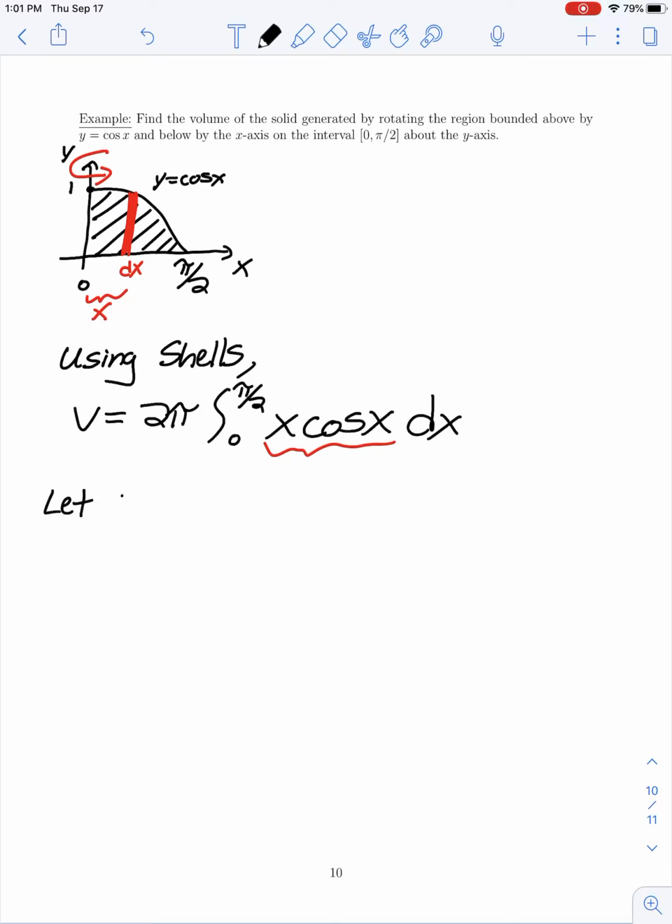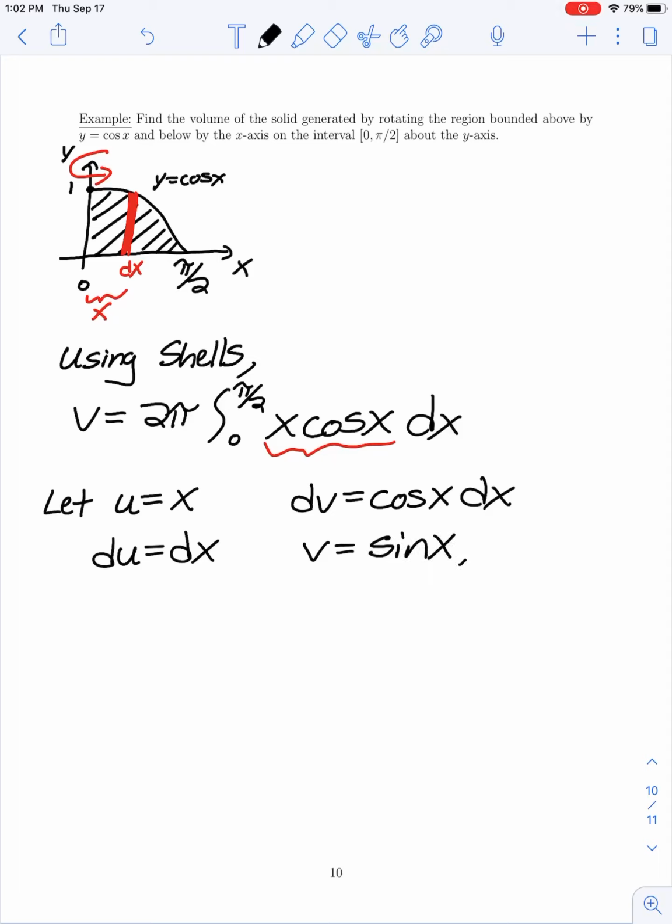And our first step is to choose part of our integral as u. So here I will choose u as x, in which case dv is cosine x dx. So it follows that du is equal to 1 dx, and v is sine x.